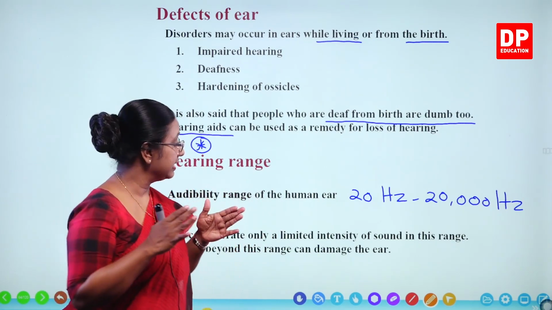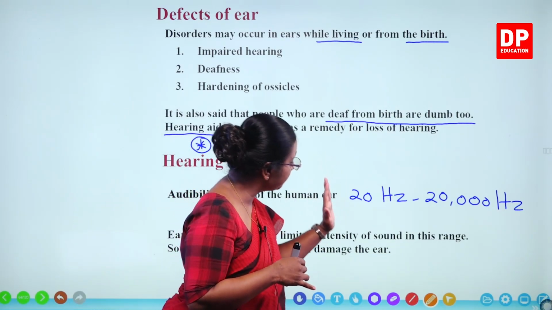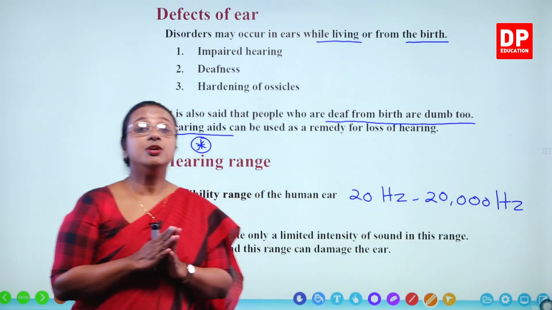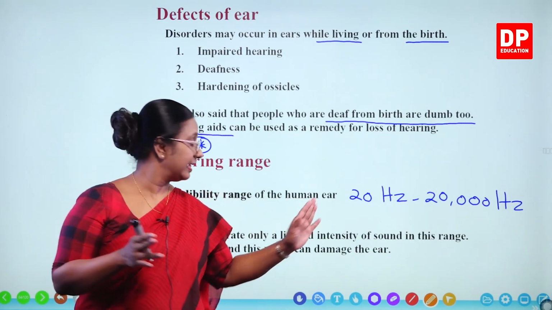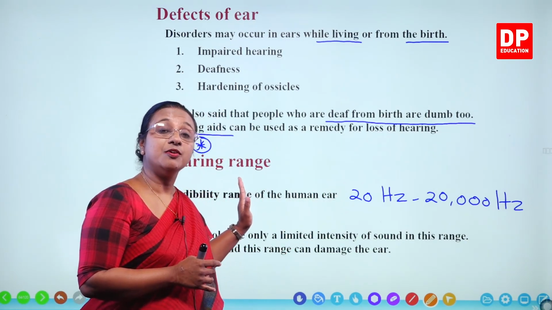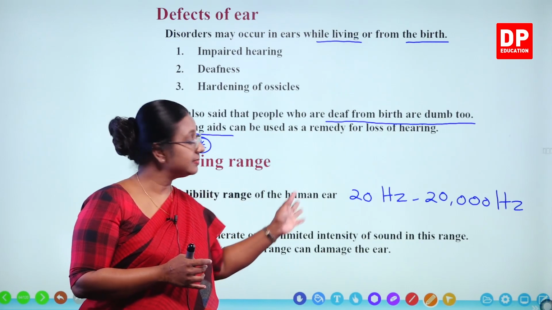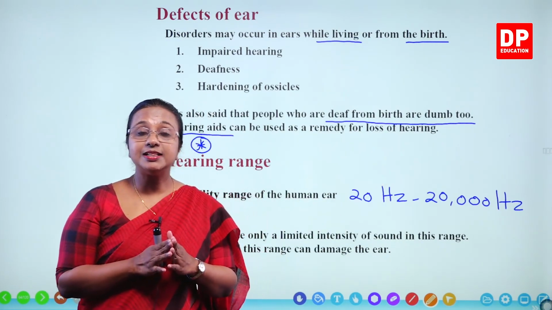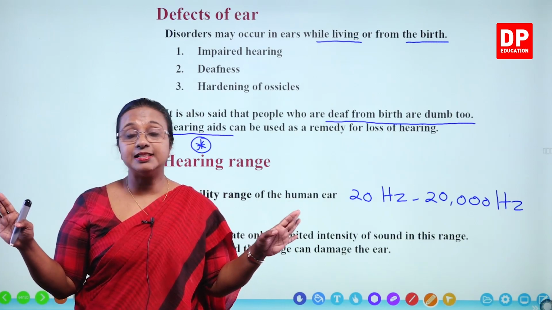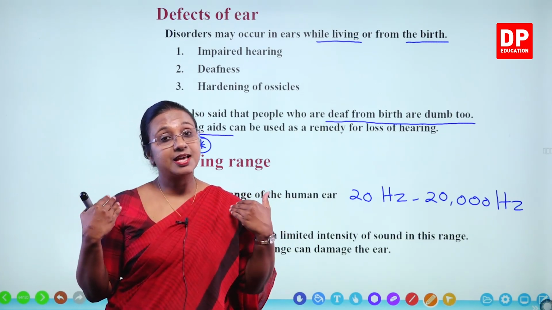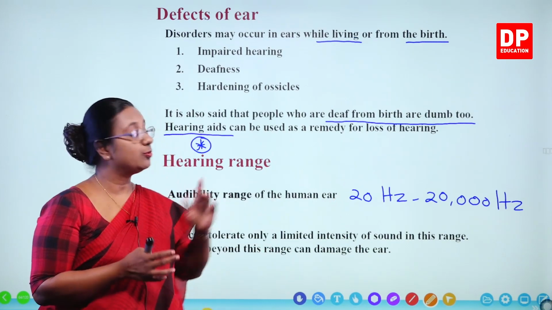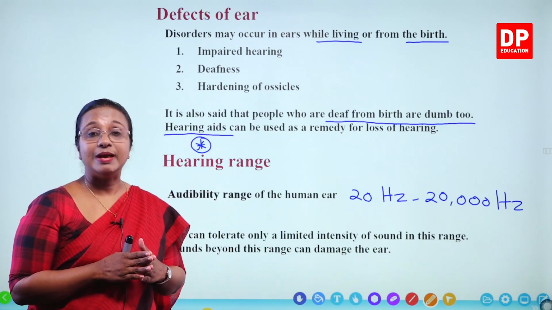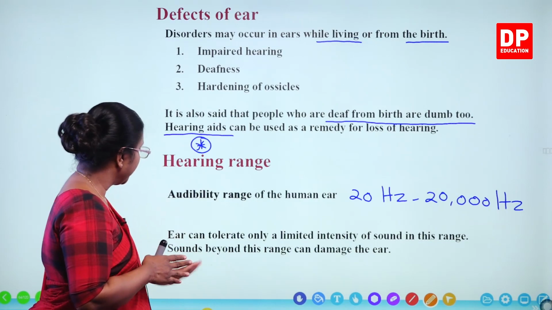We can hear sound that has frequency between 20 Hz and 20,000 Hz. You're familiar with other animals that can hear sound with frequency less than 20 Hz or more than 20,000 Hz. But us humans, our audibility range is between 20 Hz and 20,000 Hz.